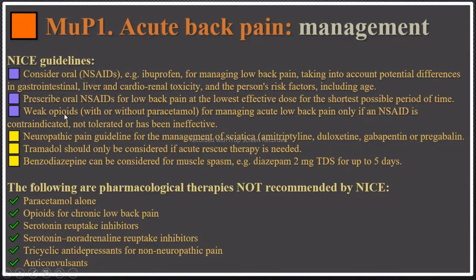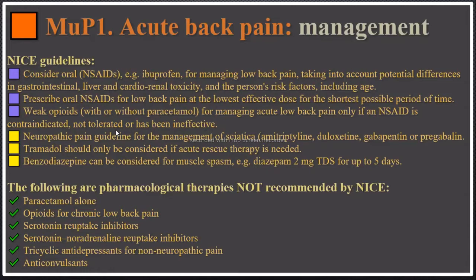What about weak opioid? You will choose it in the scenario or not. So with or without paracetamol for managing acute low back pain, only if non-steroidal is contraindicated, not tolerated, or has been ineffective. So if they mention clearly in the scenario the patient is contraindicated for non-steroidal anti-inflammatory drugs, choose opioid, with or without paracetamol.